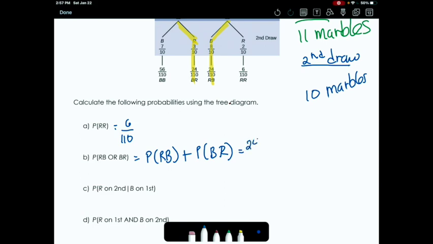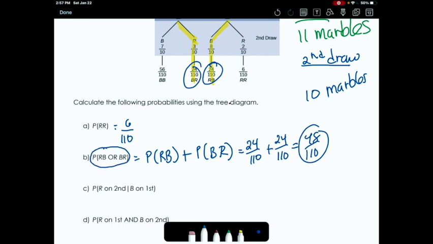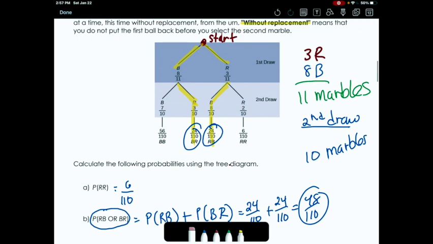And we can just go ahead and use addition. So I'm going to take the 24 over 110. That was this one. And then add it to the BR probability. That was 24 over 110 for a total of 48 out of 110 for this probability right here, RB or BR.